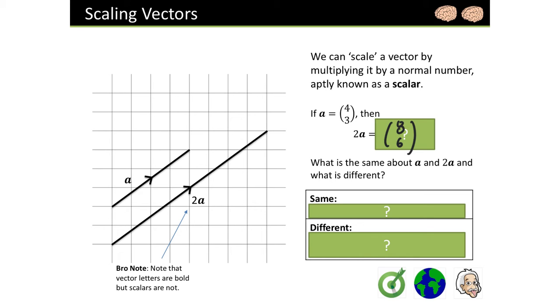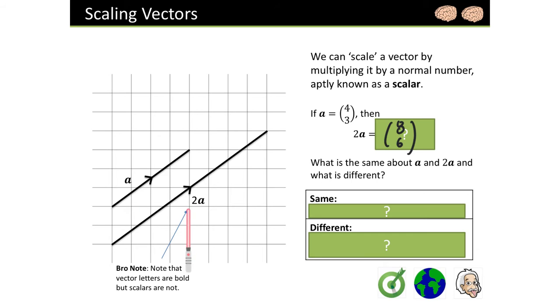Okay, so the same things we've noticed so far. They're both going in the same direction. Okay? They are both straight lines. Okay? Anything else that's the same? Pardon? Yeah, they're both scalars of A. What does that mean though? So the same proportion? What would we call proportion with straight lines?